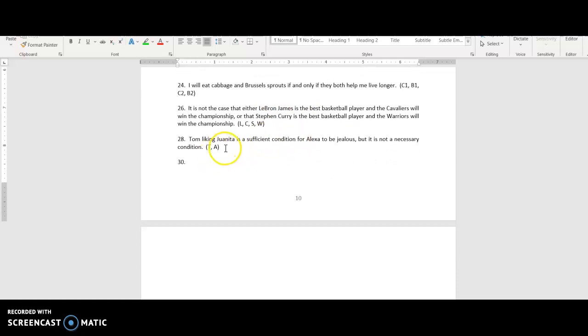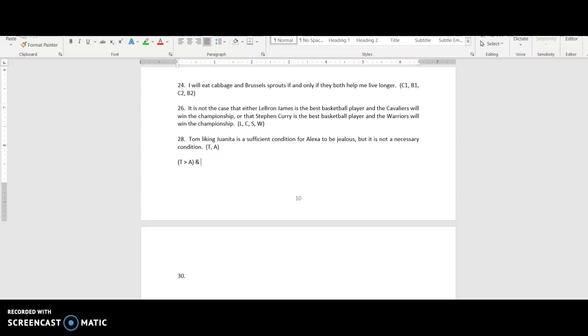Here's a sufficient condition. So this one will do. Okay, Tom liking Juanita is a sufficient condition for Alexa to be jealous. So Tom liking Anita is sufficient for Alexa to be jealous. So remember, sufficient condition comes first. It's the antecedent. All right, so now that's our first conjunct.